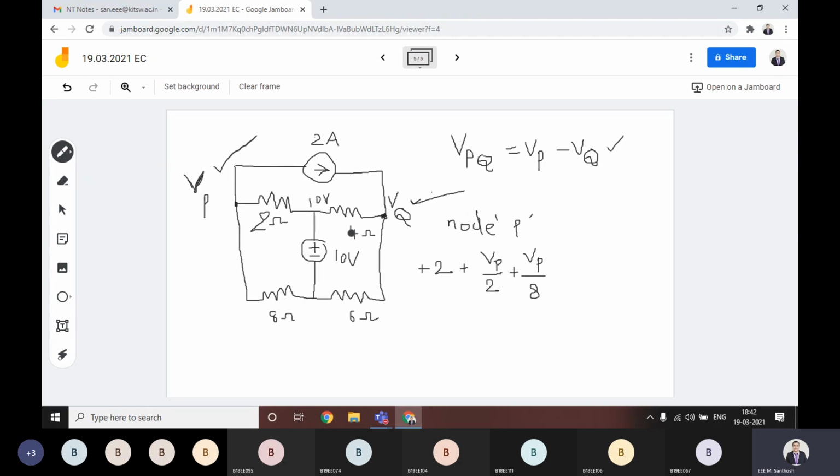I hope. 4.8. Very good. Then this value will be 10 by 2, that is this current entering because of this voltage source, which is equal to 0.